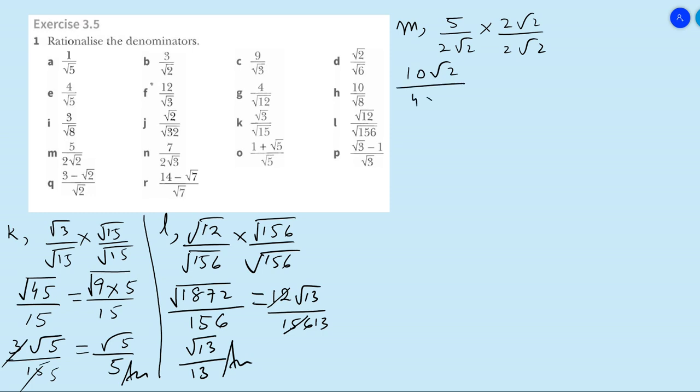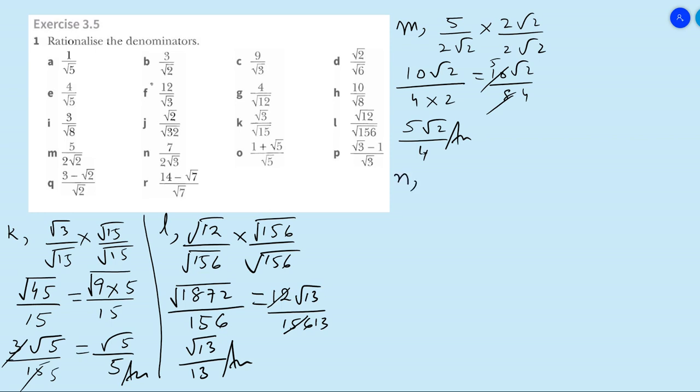And root 2 into root 2 is 2. 10 root 2 upon 4 2s are 8. 2 5s are 10. 2 4s are 8. So the answer of part M is 5 root 2 upon 4. Come to part N.